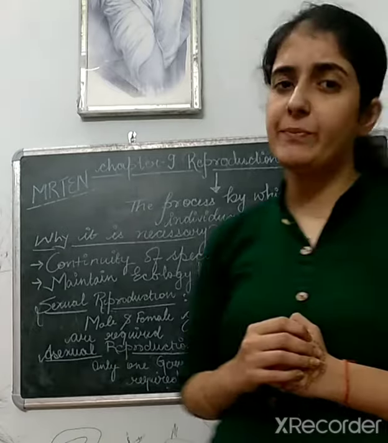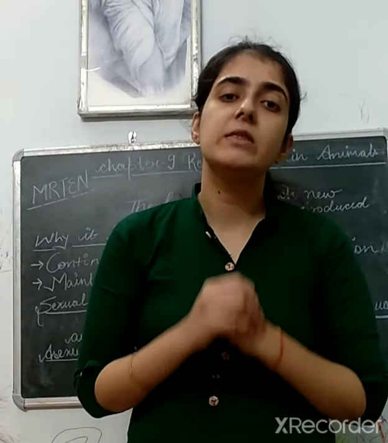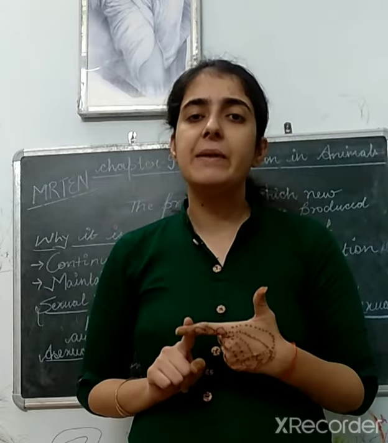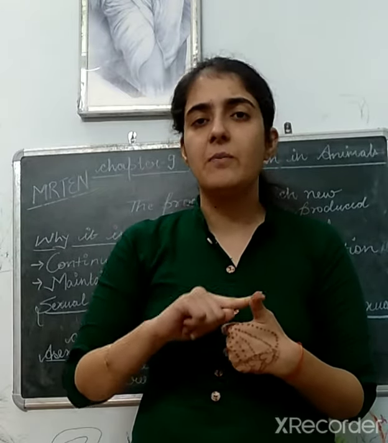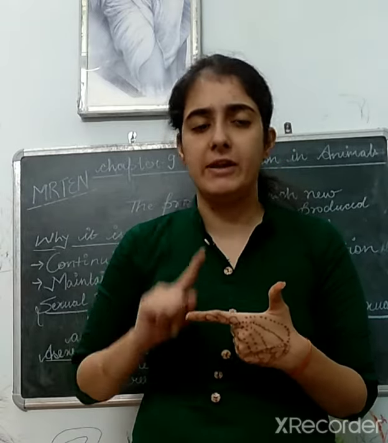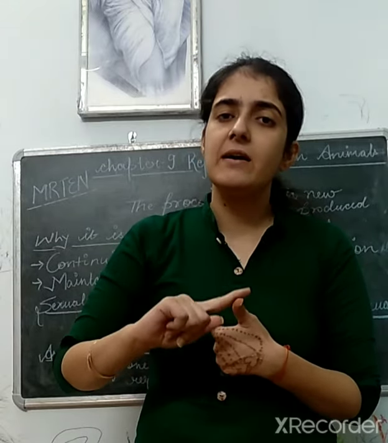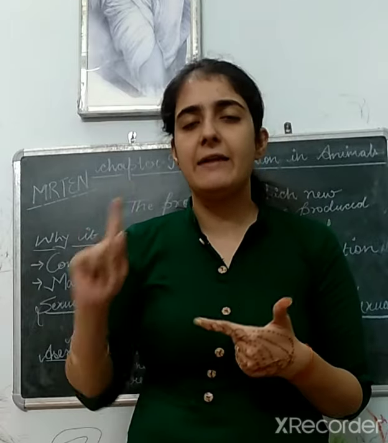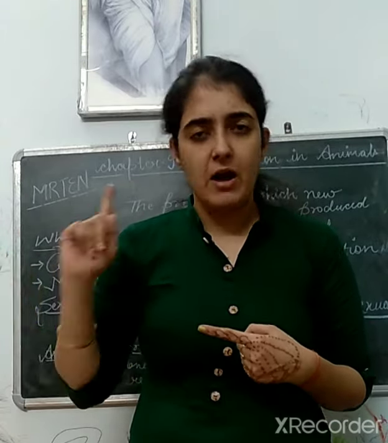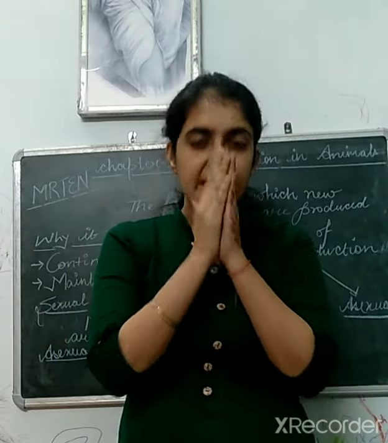Next one we have sexual reproduction. In sexual reproduction we need both gametes, male and female gamete. Male gametes come from the male body and female gametes come from the female body. Male gamete is produced by the reproductive part of a male, and female gamete is produced by the reproductive part of a female, right?